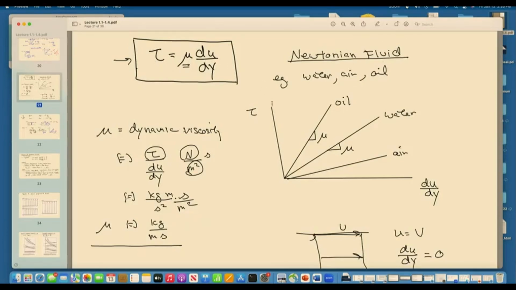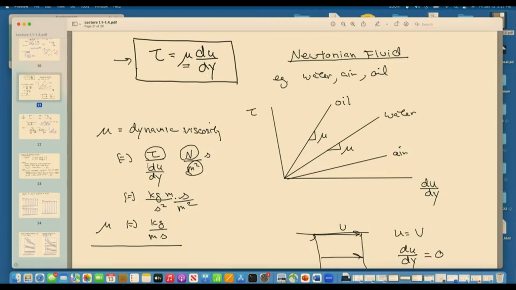If you plot the shear stress versus the rate of deformation, or the shear, then mu would be the slope. So for fluids that have high viscosity, the slope of this line would be larger than, say, water or air. The fortunate thing is most common fluids are Newtonian fluids. And in this class, we're pretty much always going to assume we have a Newtonian fluid. And then we can use this expression for the shear stress.